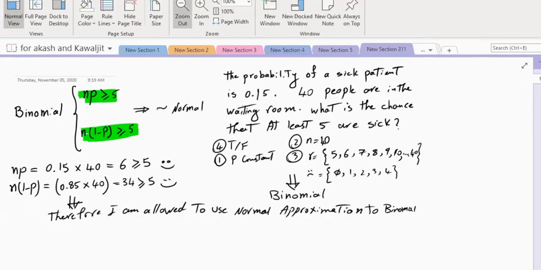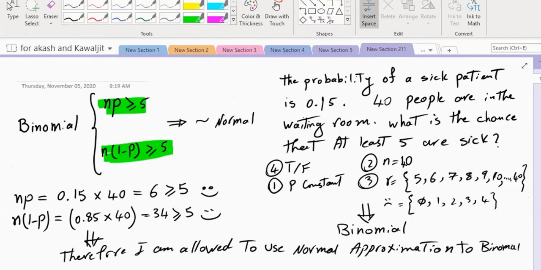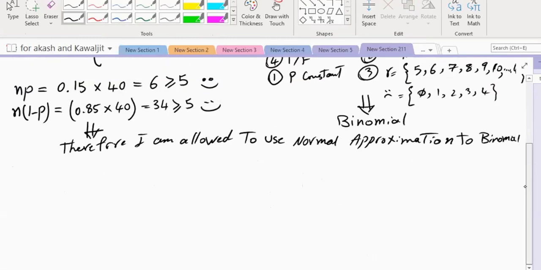So now all of that effort was to identify whether or not we can use a normal distribution as an approximation to binomial. I will extend the space here. You need to draw a very detailed normal distribution.